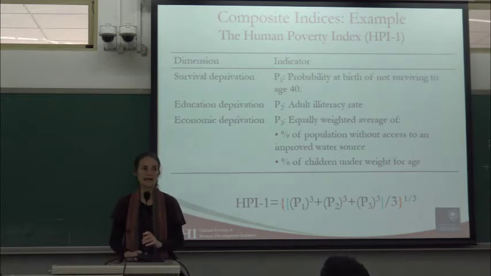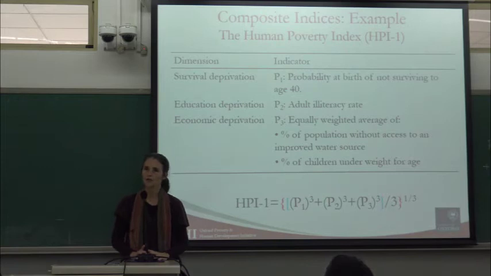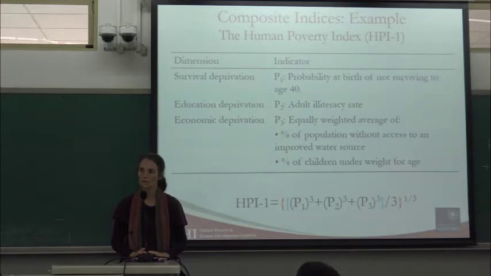But let me give you an example of a composite index, which is the Human Poverty Index, which was produced by Amartya Sen and Sudhir Anand in 1997 for UNDP's Human Development Reports. And from 1997 until 2009, it was reported as the lead poverty indicator for UNDP until the global MPI replaced it in 2010. So it had a dashboard of 4 indicators.